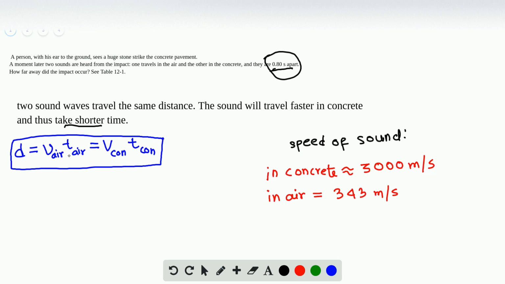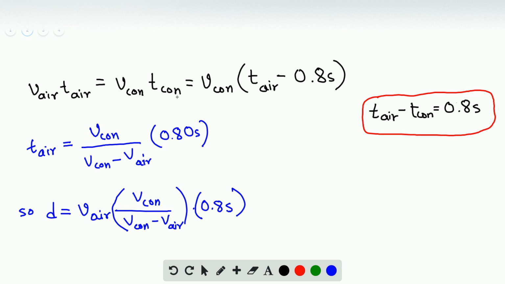Following this equation, we can replace T concrete by T air minus 0.8 seconds, because if we take this on the left side, we'll have T air minus 0.8 seconds, which is equal to T concrete.